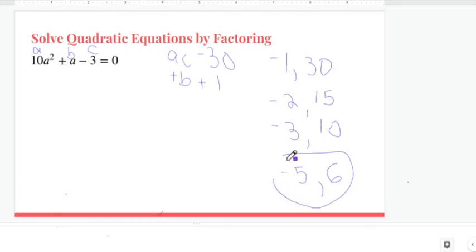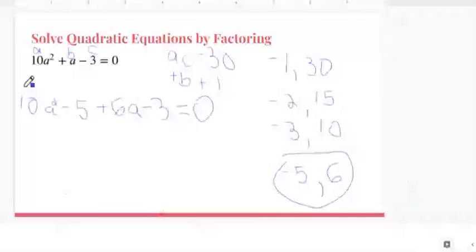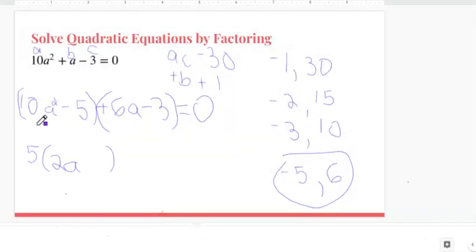And if you remember, I'm going to bust that a up and rewrite it as negative 5a and 6a. All right, now I'm going to group the first two terms and group the last two terms. You can see 10a squared minus 5a share a common factor of 5a, so I'll factor that out, and I'll have 2a minus 1.